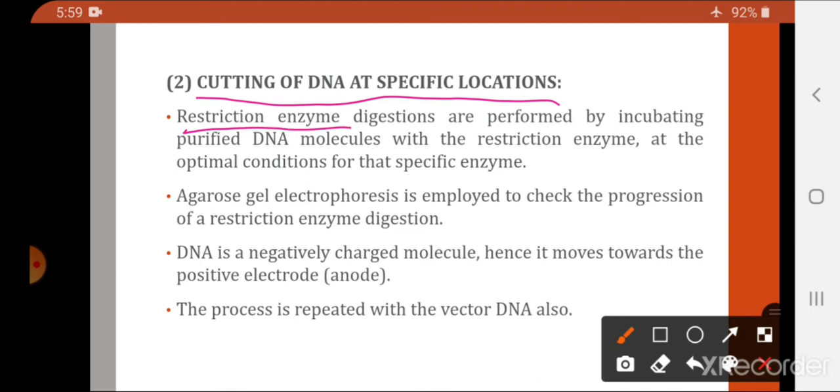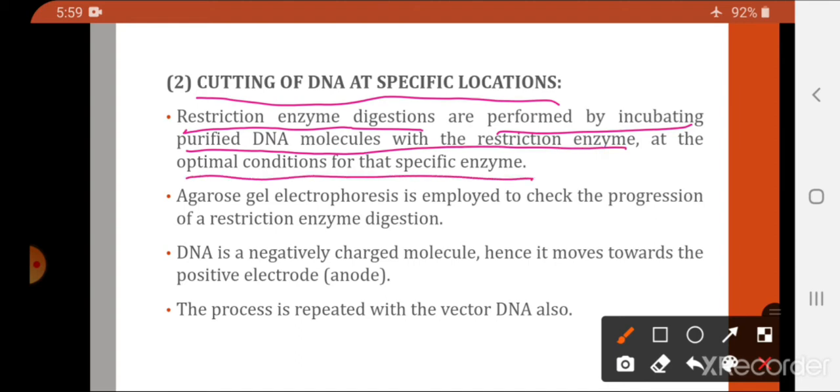Restriction enzyme digestions are performed by incubating the purified DNA with the restriction enzyme at optimal conditions for that specific enzyme. So whatever optimal temperature conditions the enzyme needs, the DNA molecules have to be incubated with the enzyme under those.